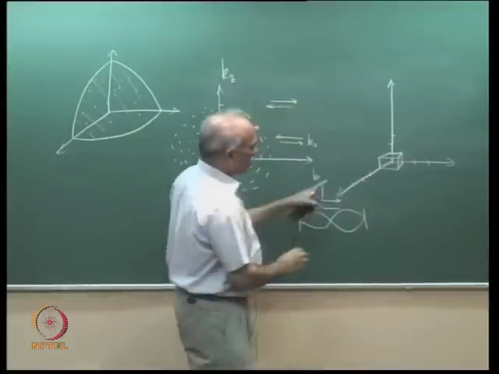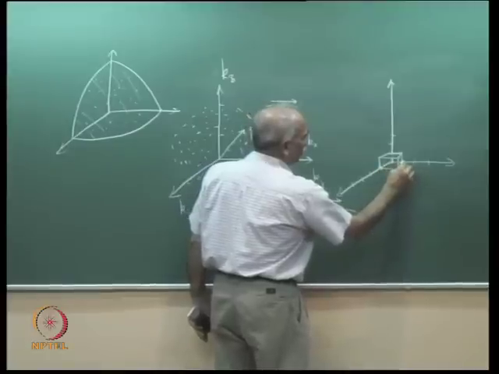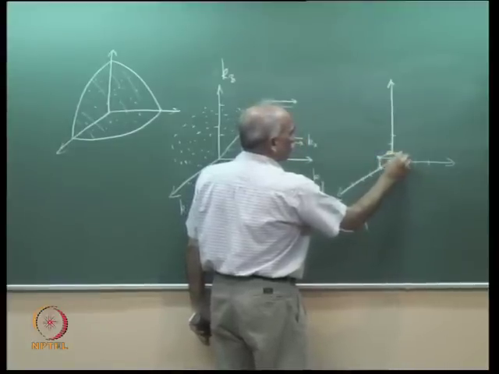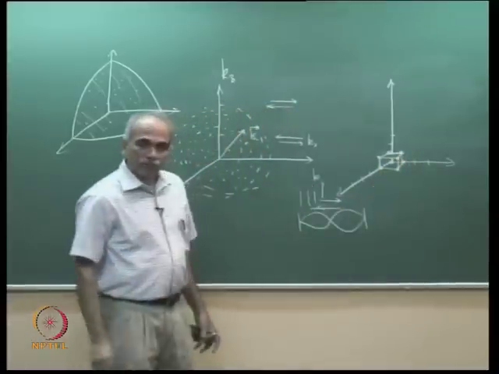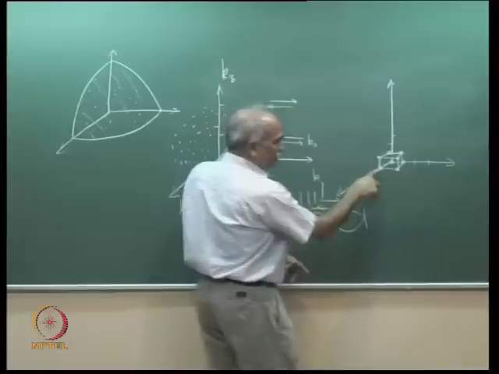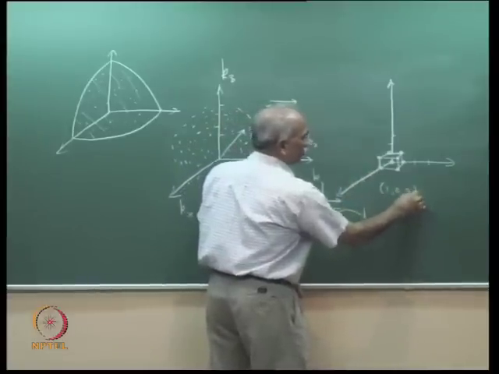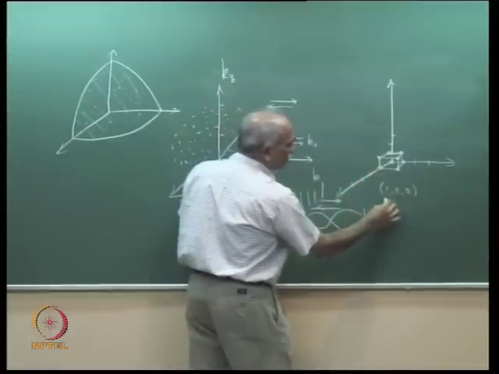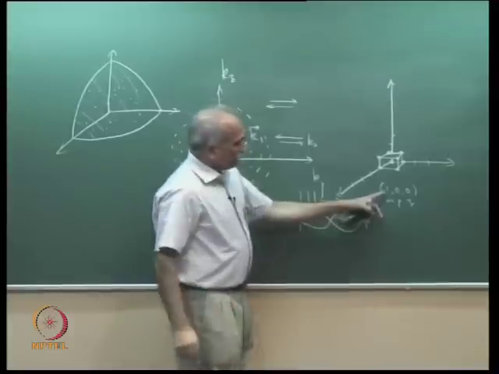What I have drawn is each point here corresponds to a permitted value of K. You see, what is this point? This point is 1, 0, 0. This is m, p, q, so m equal to 1.